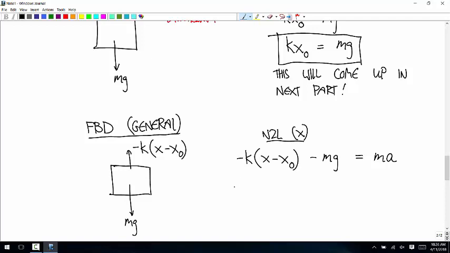And if I move stuff around, I get that ma plus kx minus kx0 is equal to negative mg. So let's make sure all my signs are right on that. I sort of switched the sides here, but I kept the mg on that side. I moved this stuff over there, and so I think that's right.